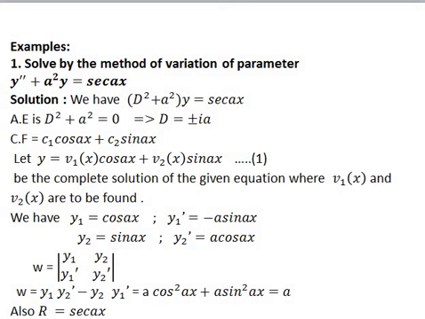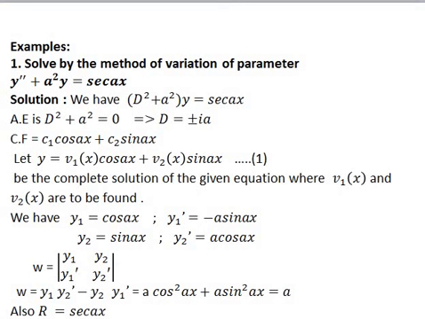The auxiliary equation is d square plus a square is equal to 0. Therefore d square is equal to minus a square, that implies d is equal to plus or minus i a. So the complementary function is equal to c1 cos ax plus c2 sin ax.